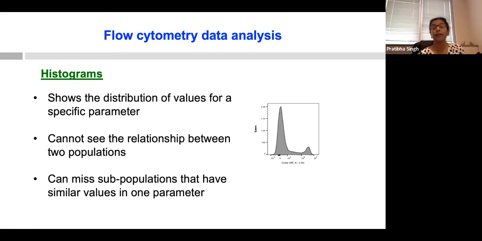It can't say how many of these Sytox positive cells are also positive for SCA1 or any other marker. It can also miss subpopulations that have similar values in one parameter.